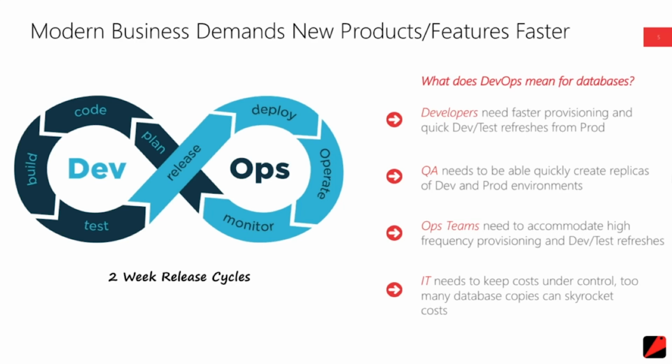When we look at the modern business today, the modern business is driving the needs to be able to deliver new products, deliver new capabilities of existing products much faster than ever before. The innovation windows are shrinking, as companies are really striving to remain competitive, to really draw out their differentiation among their competitors in the industry.